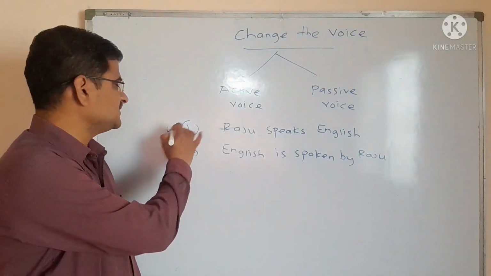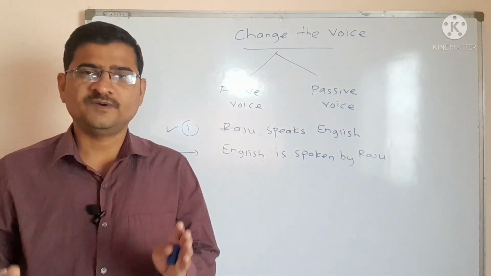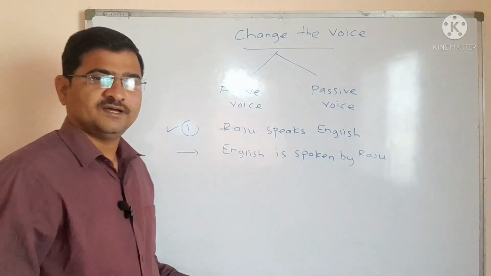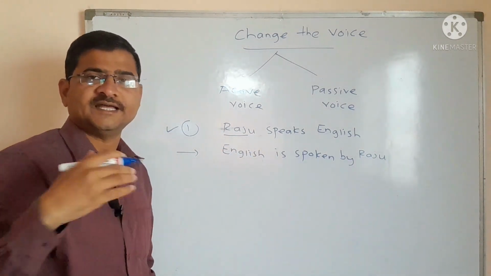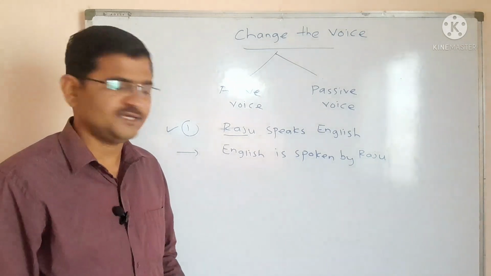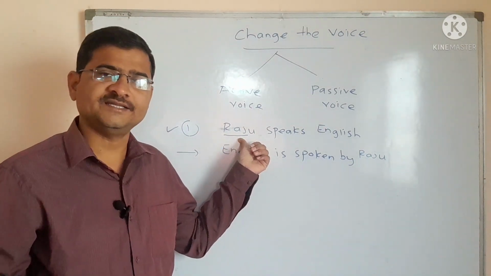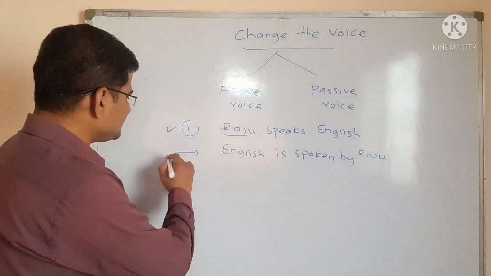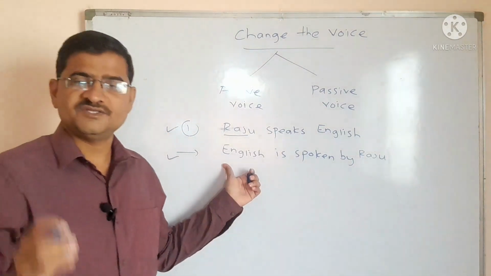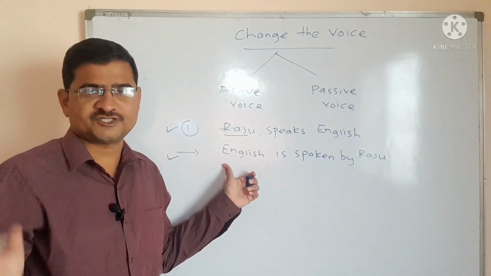Here the first sentence is an example of an active voice. Why? Because in the active voice, the subject is more important than the action, or we can say the doer of the action is more important than the action. What about the passive voice? In the passive voice, the action is more important than the subject or doer of the action.